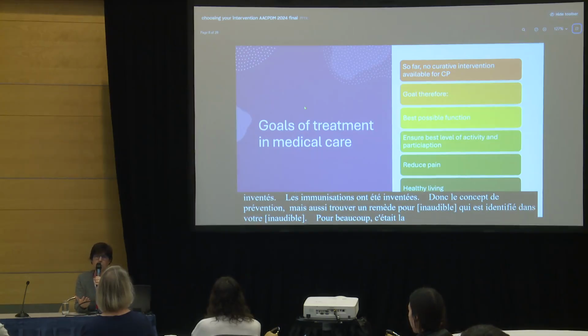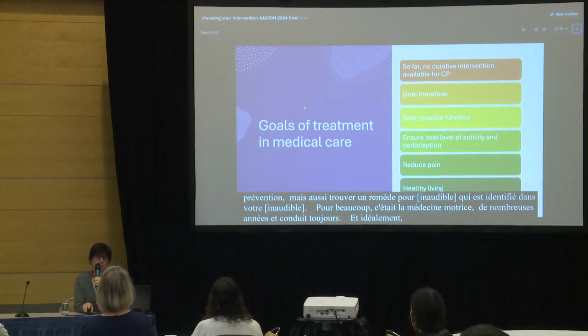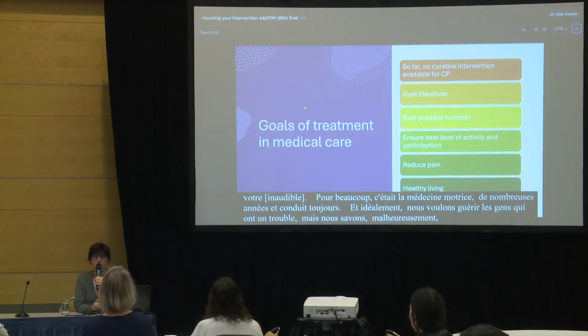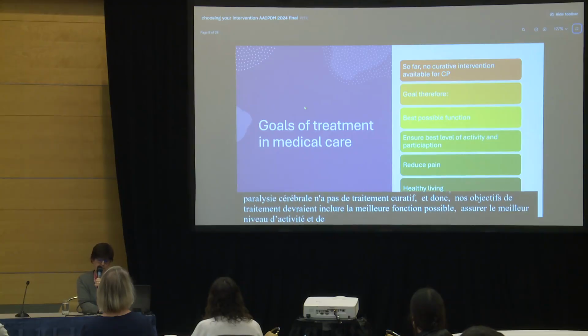And ideally, we want to cure people if they have a disorder. But we know, unfortunately, as of now, cerebral palsy does not have a curative treatment. And therefore, our goals for treatment should include best possible function, ensure the best level of activity and participation, reduce pain, and really make sure that we have a healthy life.